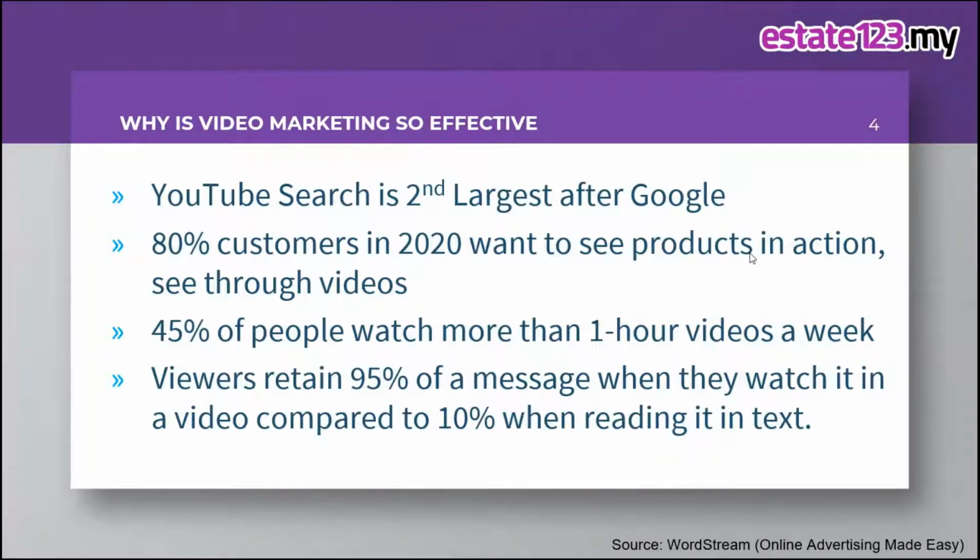Even in e-commerce, when you buy something, you would prefer to see a video of a person demonstrating how to use a product instead of just seeing a photo of the product, right? So the same goes for property. And 45% of people who watch video are actually watching more than 1 hour of video a week. So just imagine how much video people are watching right now.